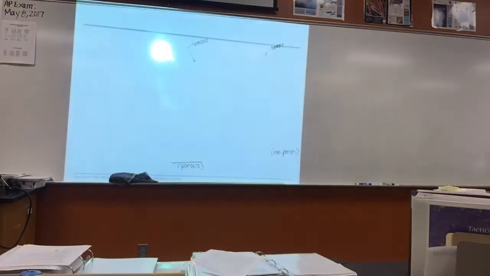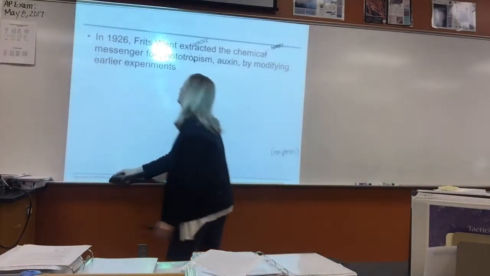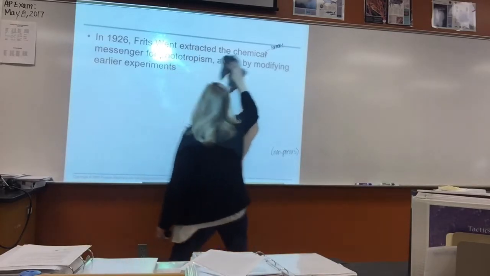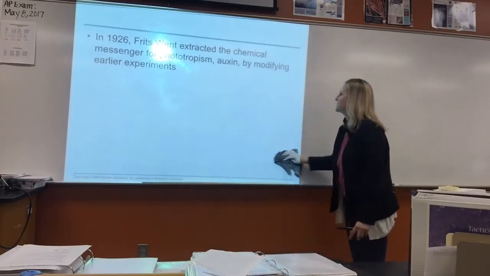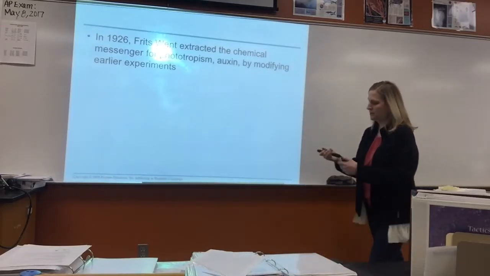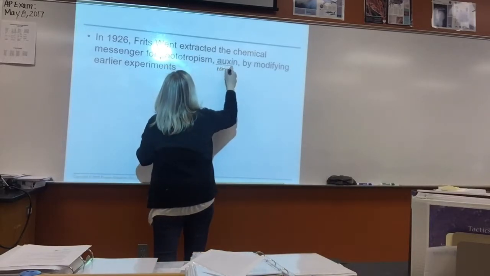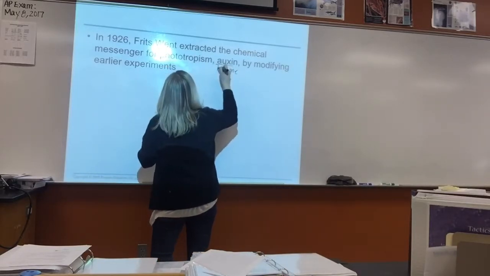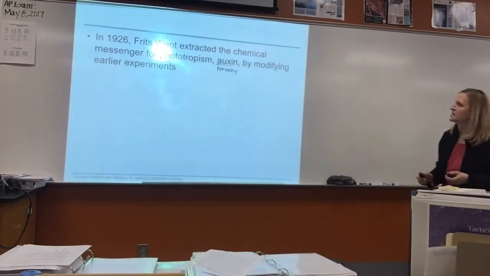So to add to this, we have Fritz Went. What he did is he figured out what hormone it was. He extracted the chemical messenger for phototropism, which is auxin. So this is the hormone. By modifying Peter Boysen-Jensen's experiment.